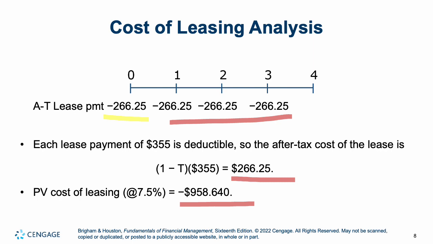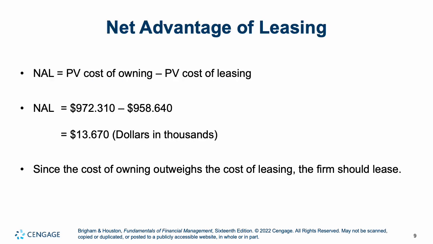So by finding the PV of this at our after-tax cost of debt, we would get $958,640. So we know our cost of owning, our cost of leasing, and if we look here, it is going to be cheaper to lease. $958,640, whereas if we buy the computer system and sell it at the end, that's going to cost us $972,310.